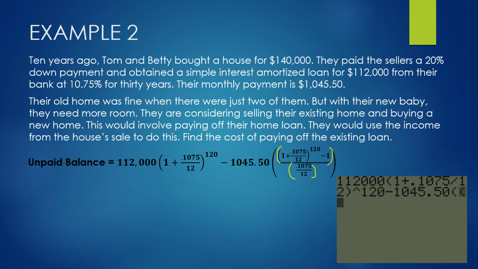Now big parentheses, second set of parentheses, and then a third set, and then we're starting up here in the numerator, 1 plus 0.1075 over 12 raised to the 120 minus 1, close parentheses, divided by open parentheses again 0.1075 over 12, close parentheses, and then close them one more time. That last one takes care of the very outside parentheses here.